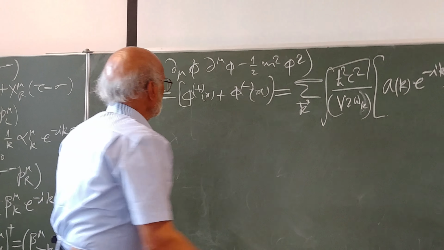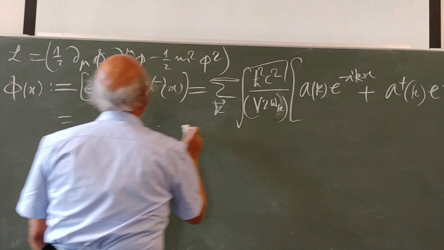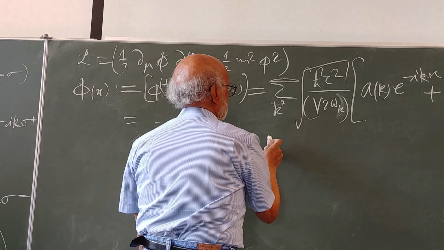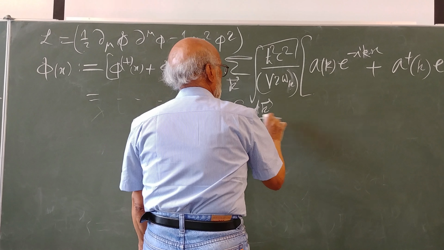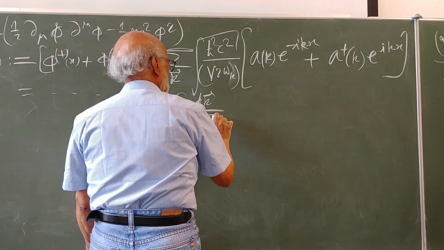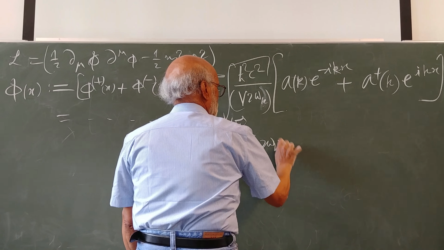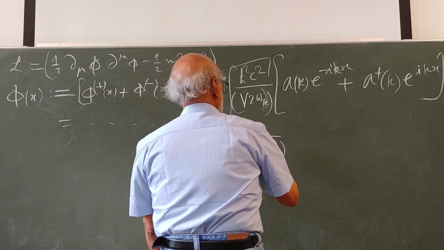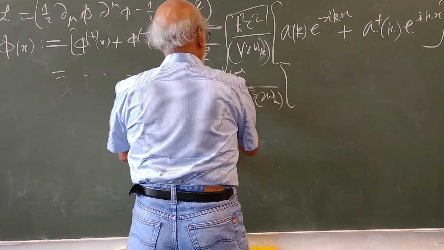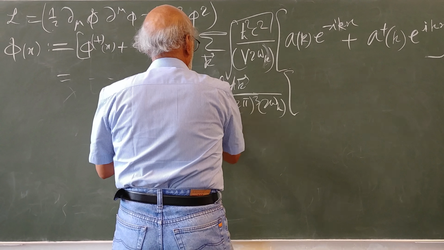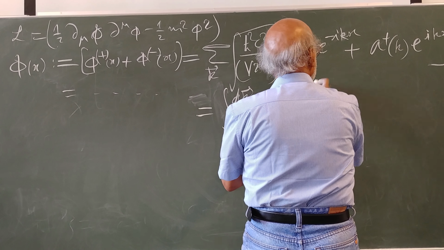Okay, so I would be using two different things, I would illustrate it to you through two different things. The other thing would be integral d cube k upon twice pi whole cube 2 omega k, and here it would be the same, and this would be the same.